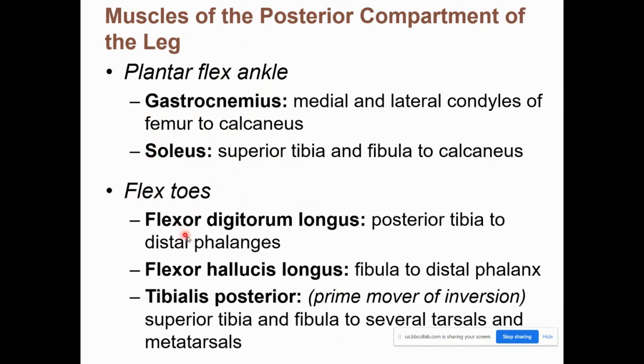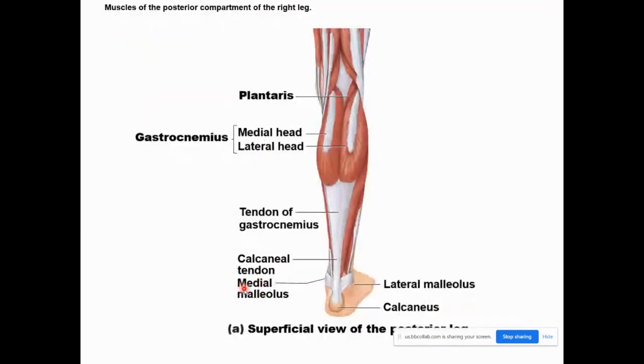And when we get to the end of the muscles here, again, just like in the forearm, we can easily pick out these actions. Flexes the fingers, flexes the big toe, and tibialis posterior kind of has its own little action. It's the prime mover of inversion, but I think that was our last one. Yeah, and I know I went through that quick.